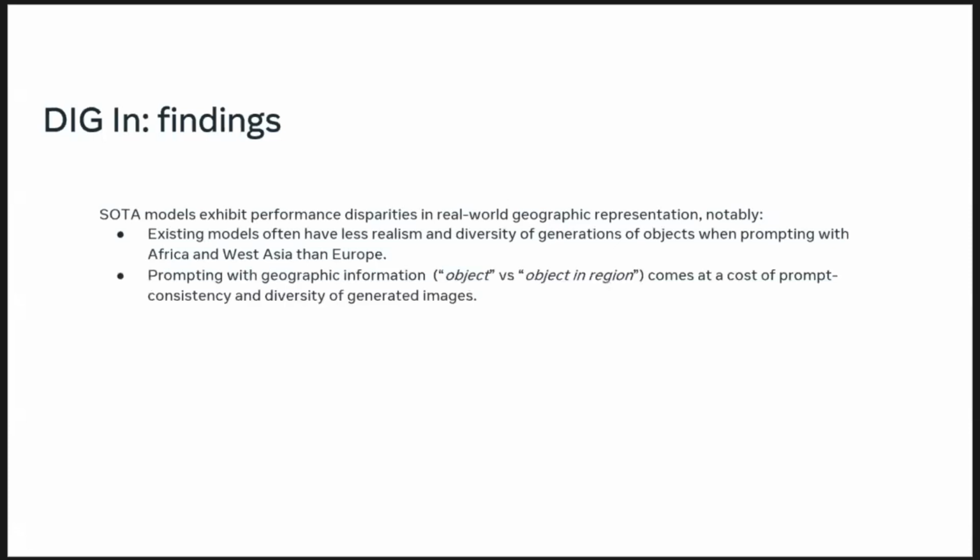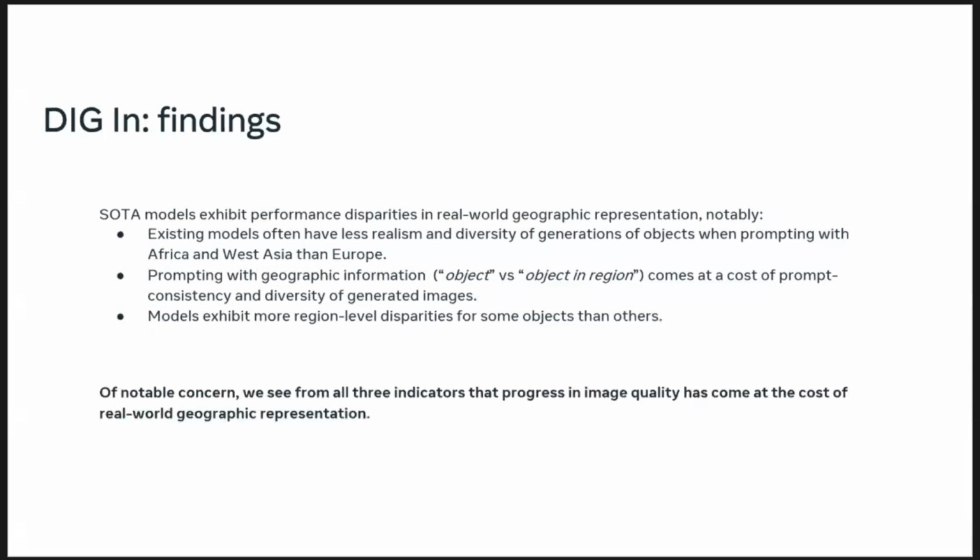Prompting with geographic information, so using the prompt object in region as opposed to only object, comes at a cost of prompt generation consistency, and it also comes at a cost of representation diversity in the generated images. Moreover, models exhibit more region-level disparities for some objects than for others.